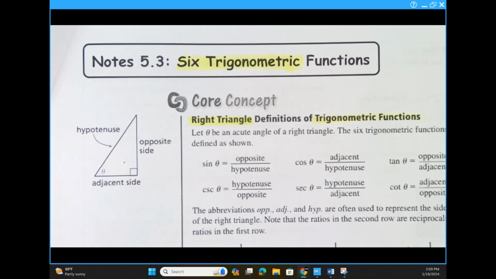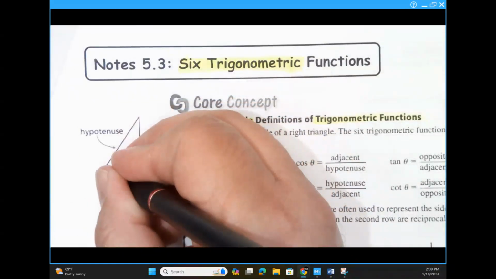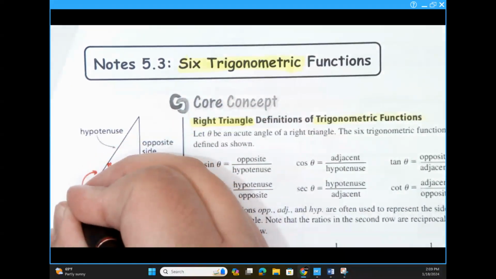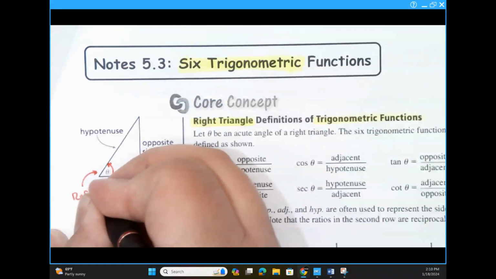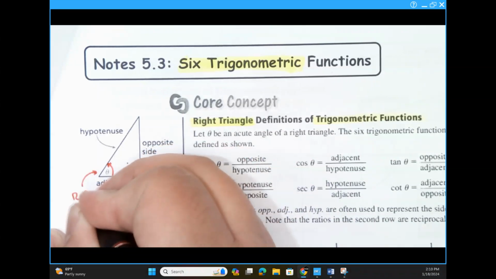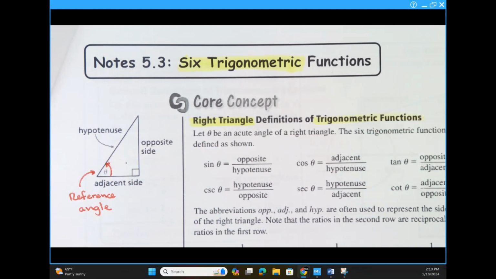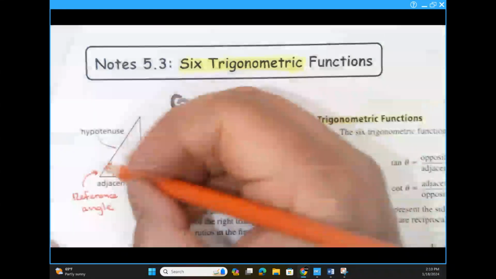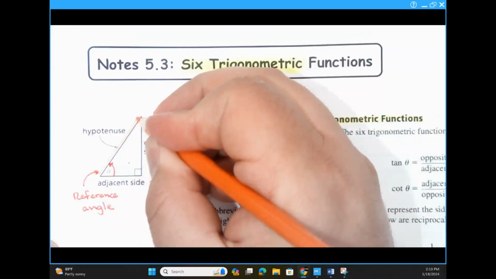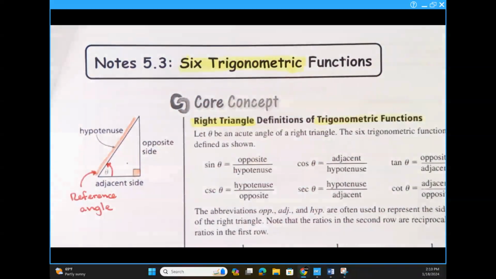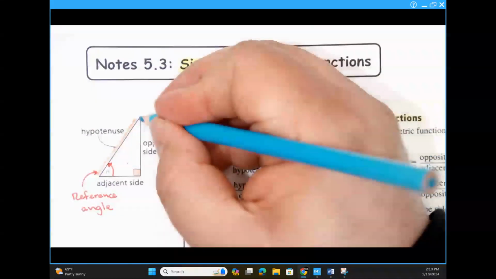Just like last time, here's my angle. Yes, this is still considered my reference angle. So we'll need that eventually again. But just like last time, we have our hypotenuse. That is the longest side of the right triangle. It doesn't touch the 90, of course. We also have the opposite side.